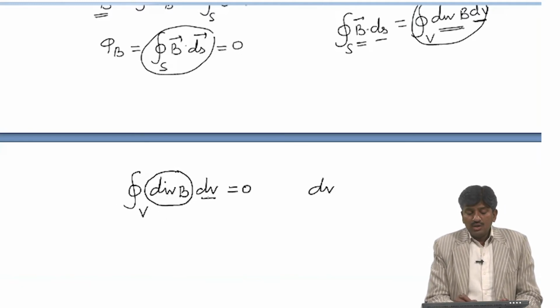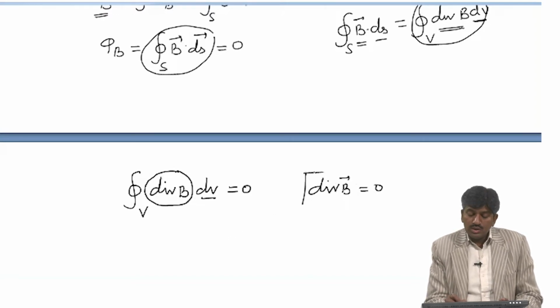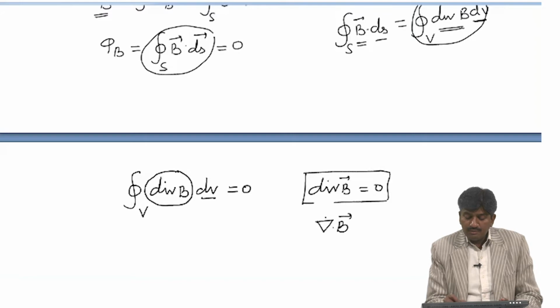It means if volume integration of divergence B is equal to 0, then divergence B should be equal to 0. Or we can write divergence B, meaning del dot B, should be equal to 0.